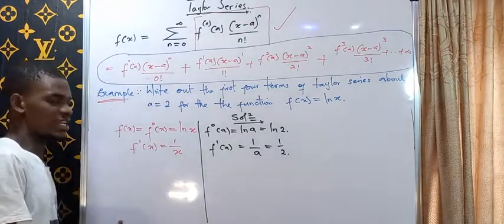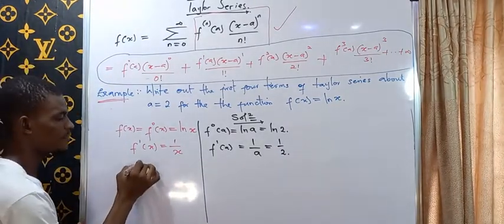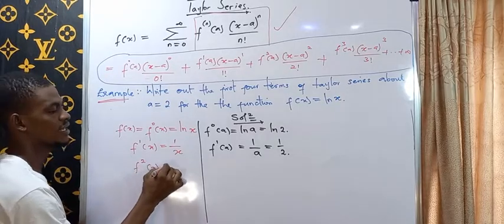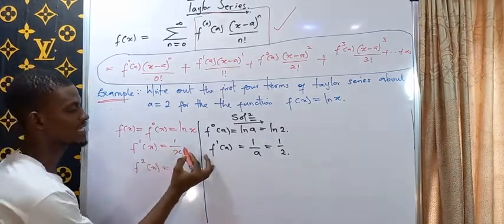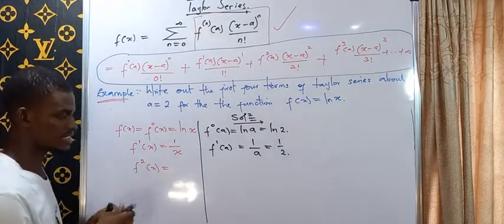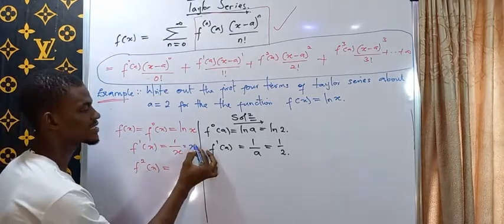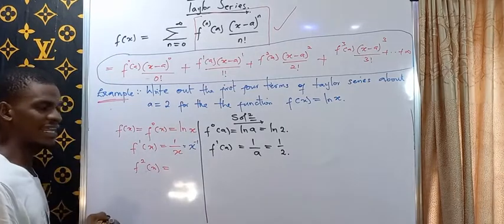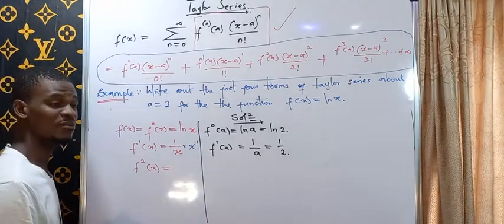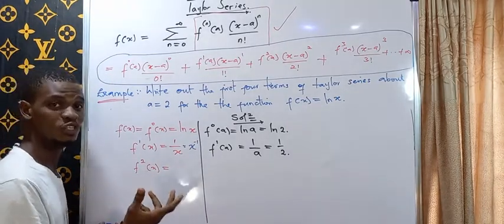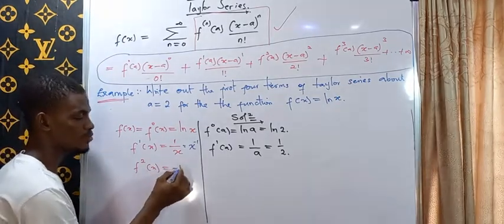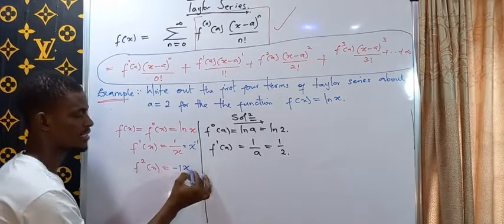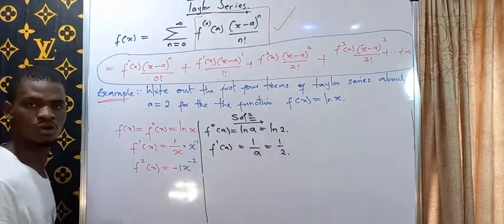If I differentiate again, I have f2 of x. If you differentiate this, what is here is the same thing as x raised to power minus 1. And according to the standard definition of differentiation, if I'm to differentiate this, it is the same thing as minus 1 times x raised to power minus 2.